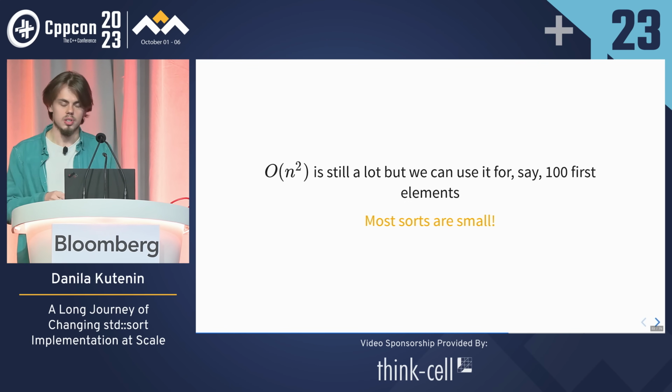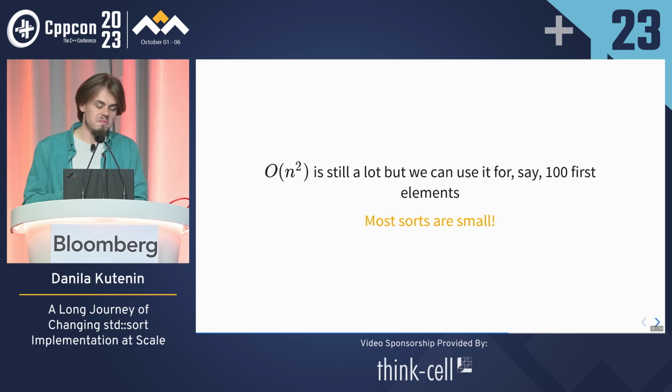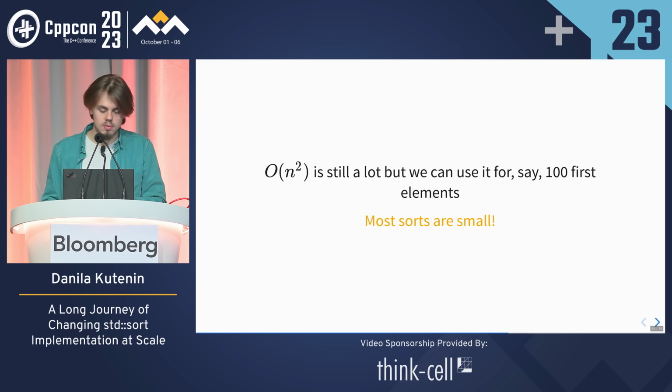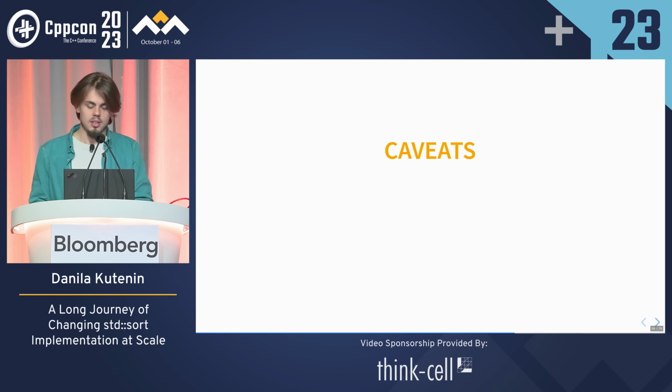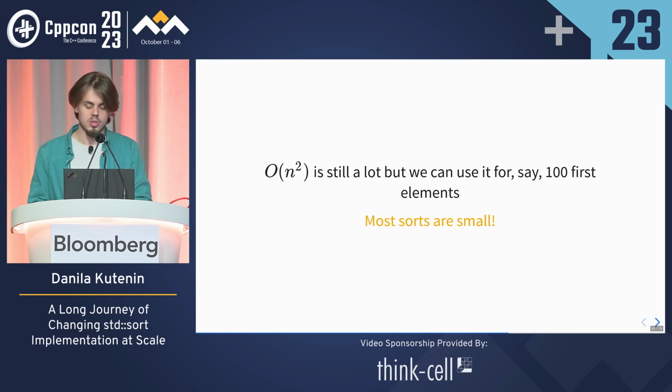The majority of cases are sorts under 100 elements. Having, I don't know, 10,000 extra comparisons in debug builds hasn't resulted in any timeout across all tests that we had at Google. And we were very happy to discover that limiting this check works and finds most issues.